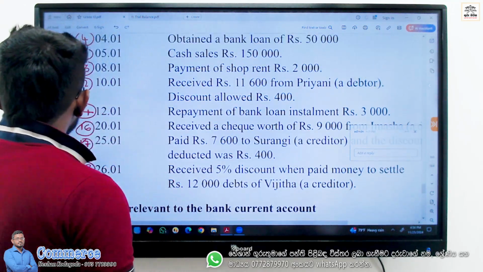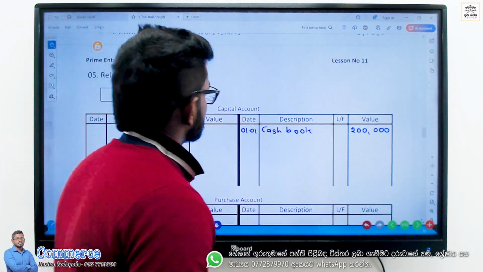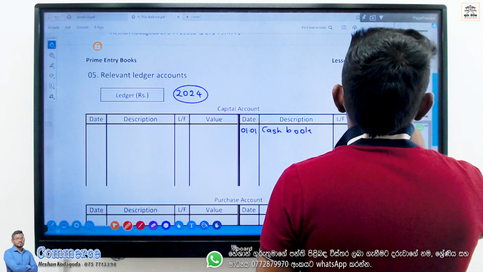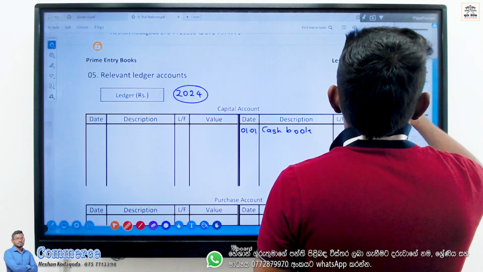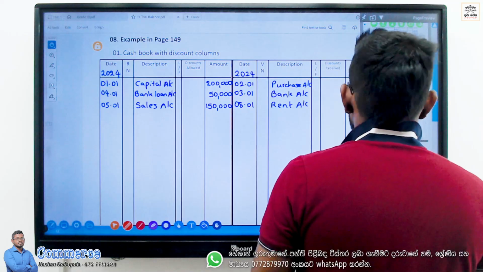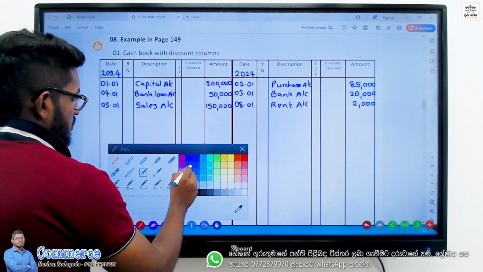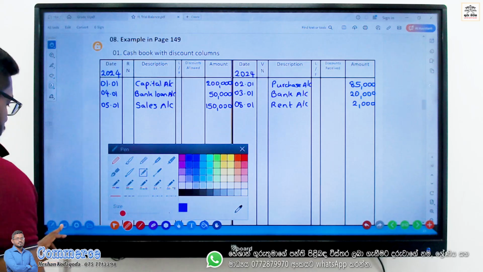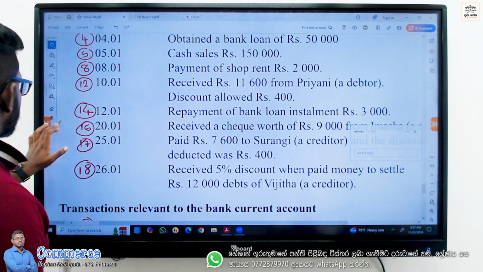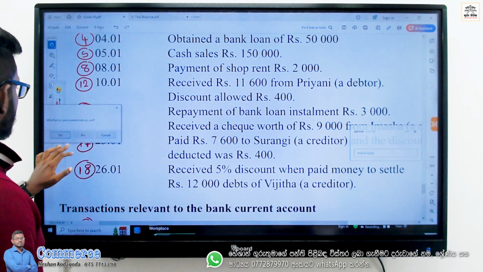Go to the cash book. You know the date, what is the date? 10th of January, right? 10th of January.